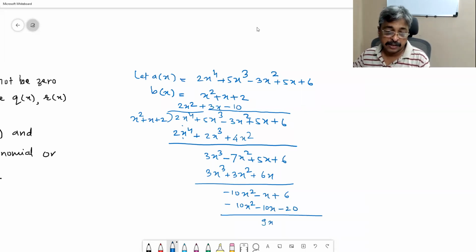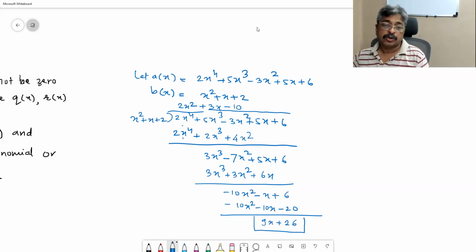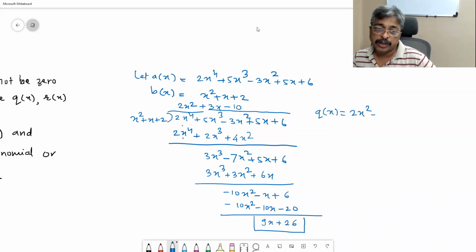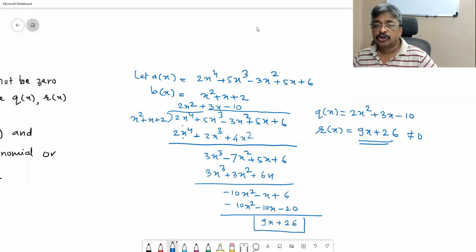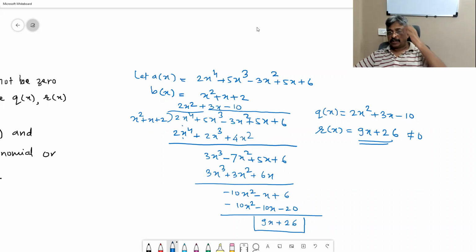Therefore 9x plus 26. Okay, so a of x is this, b of x is this. We happen to get q of x equal to 2x square plus 3x minus 10, and our r of x happens to be 9x plus 26. It is not equal to 0, therefore degree is 1, degree of b of x is 2, so everything is falling in place. This is our long division.